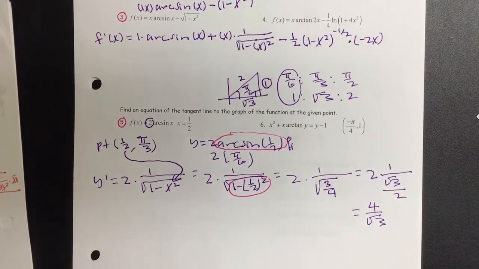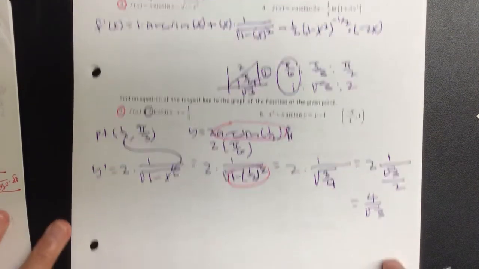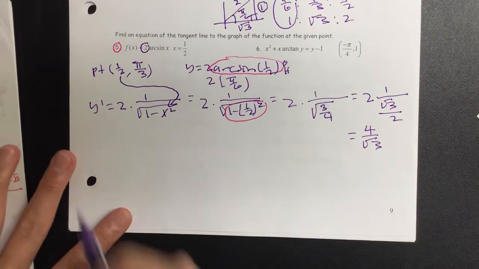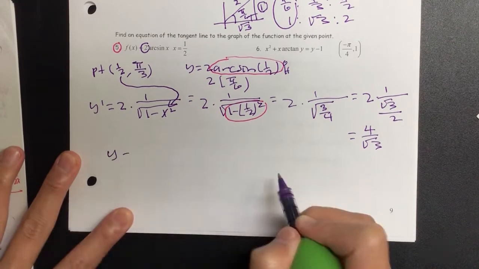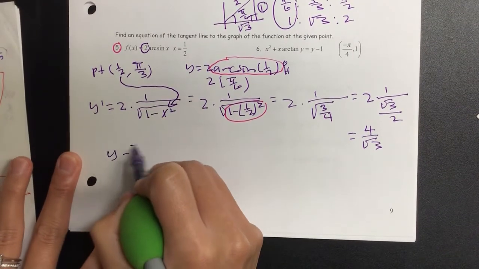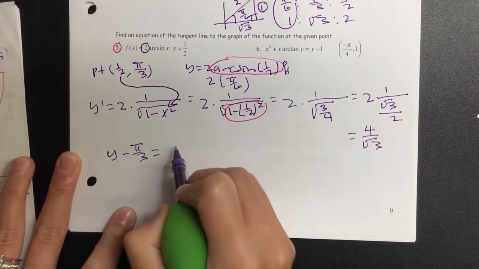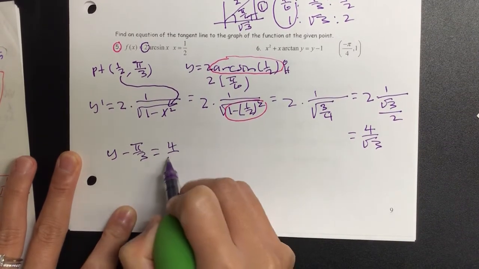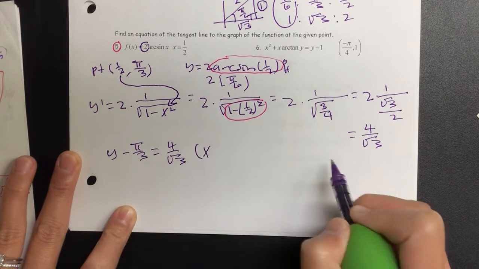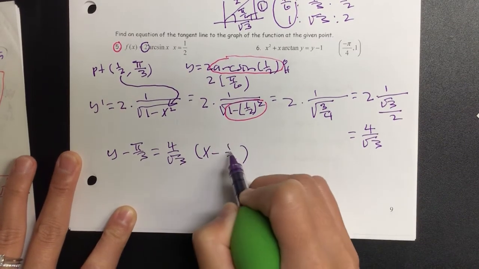So our final answer then, since I need to write the point slope formula, it is y minus the y1, in this case it's going to be pi over 3, is equal to our slope, which is 4 over radical 3, times x minus the x1, 1/2.